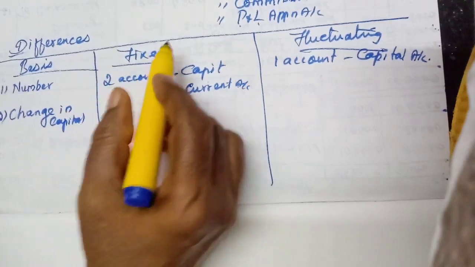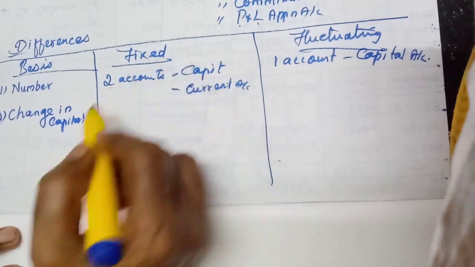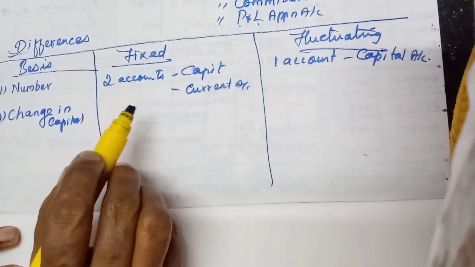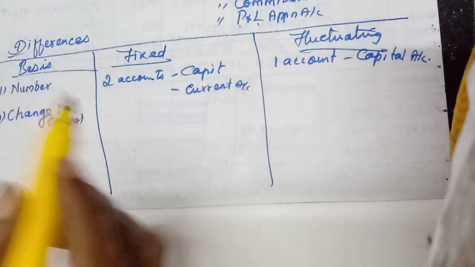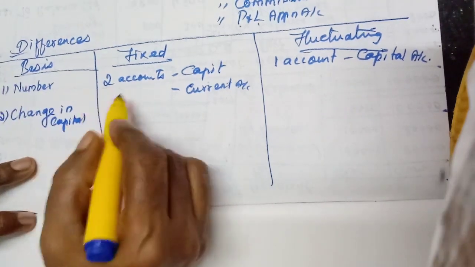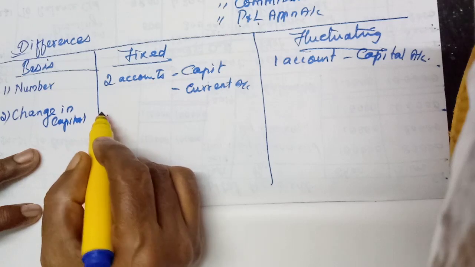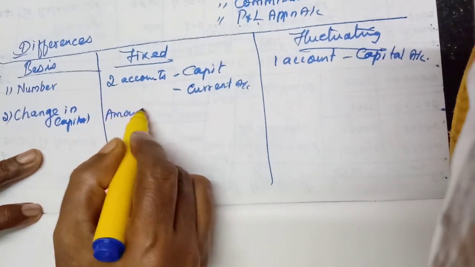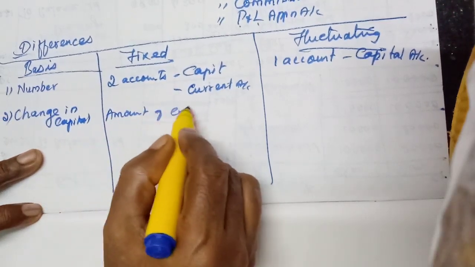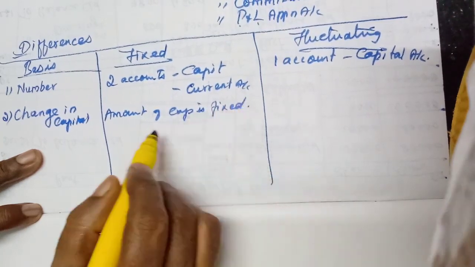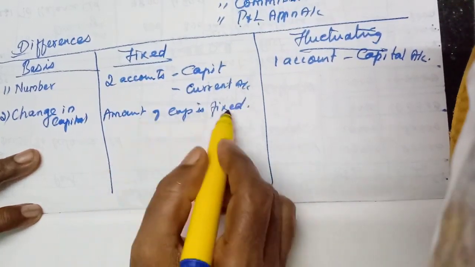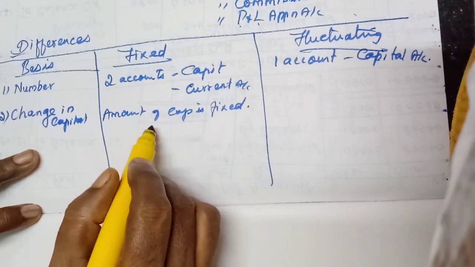Here in the fixed capital method, that name itself I told you, the capital will not change. The amount of capital will be fixed, almost fixed, unless there is additional capital.